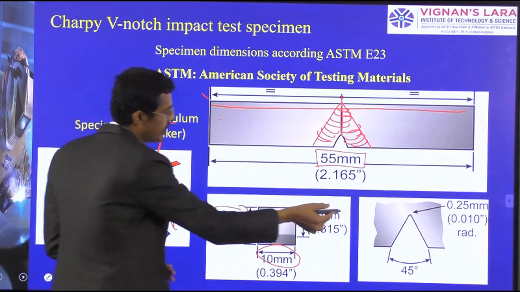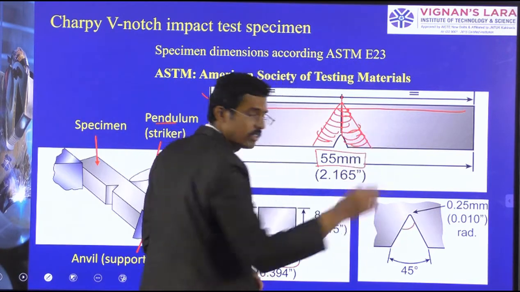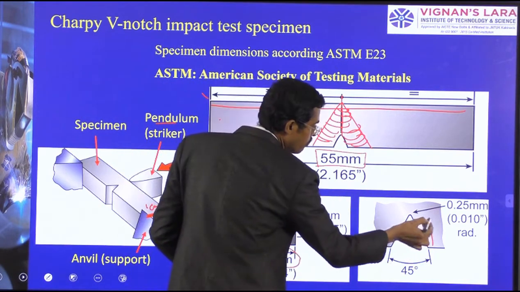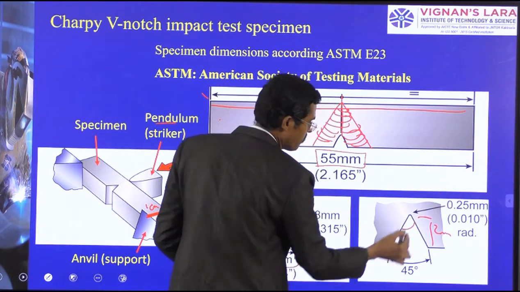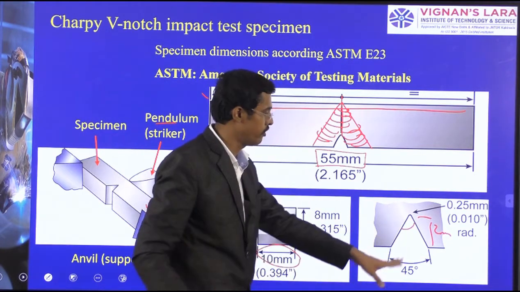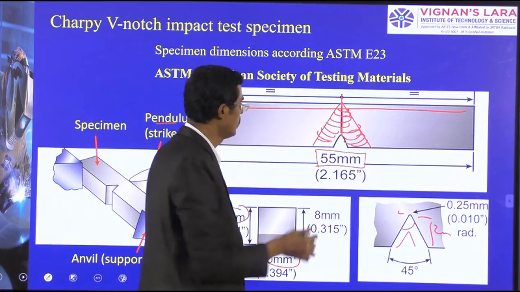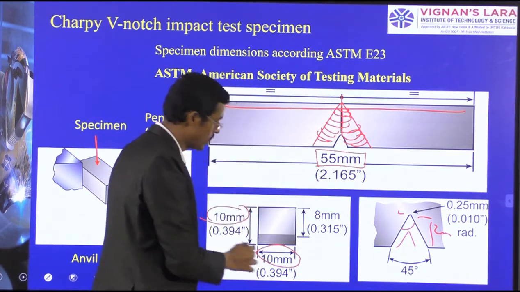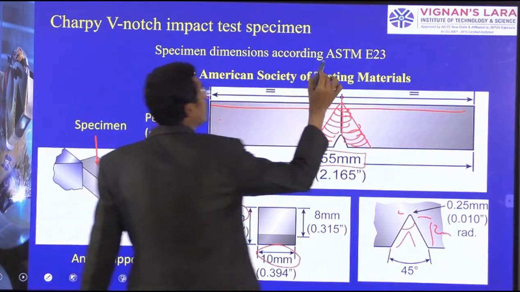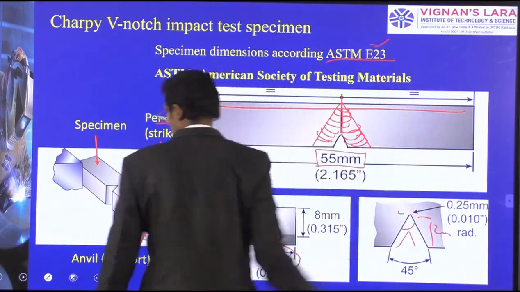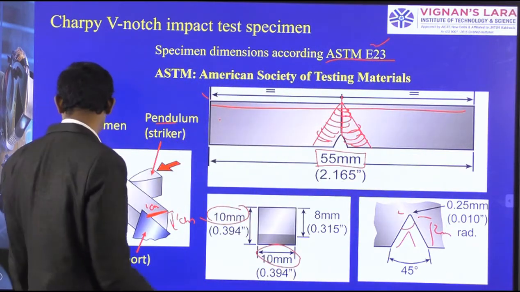First we have made a 45 degree V-notch with a depth of 2 mm. So it is 55, 10 by 10. This is the ASTM standard E23. With respect to this, we go for the toughness testing process.